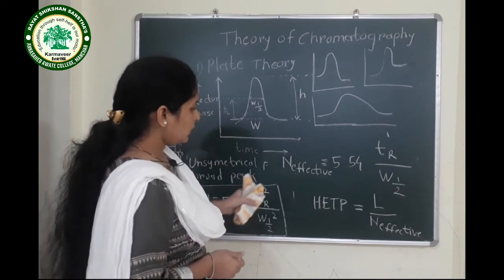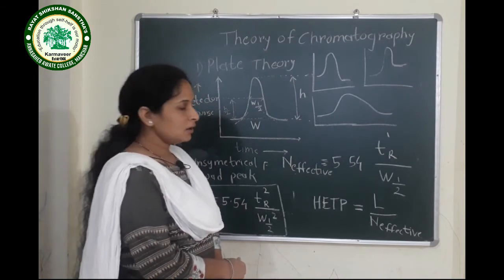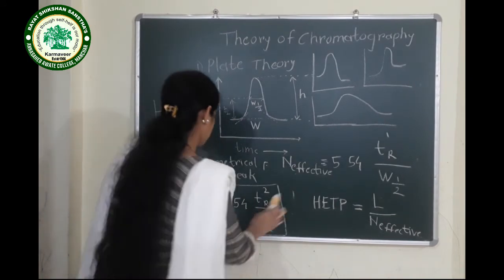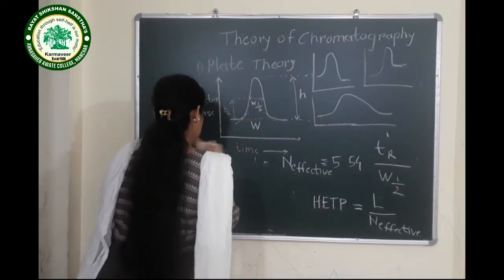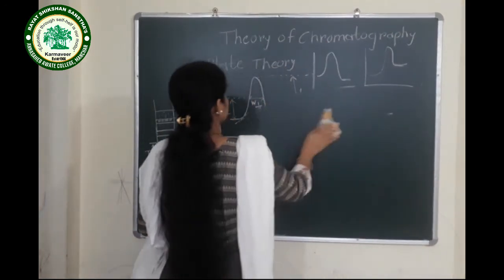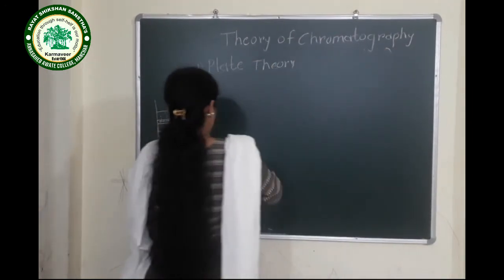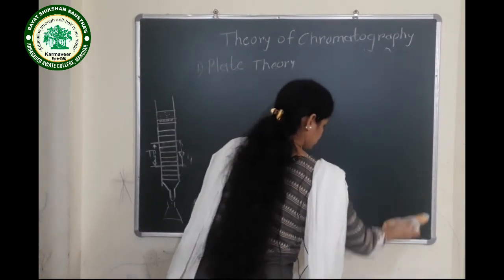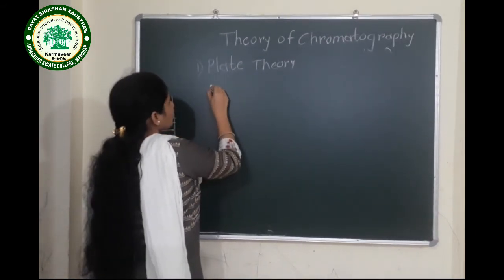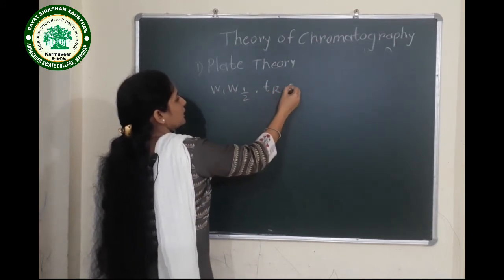Now this W, W half and TR can be determined from the chromatogram, not from the length of the column. W, W half, TR, all these quantities contain time.